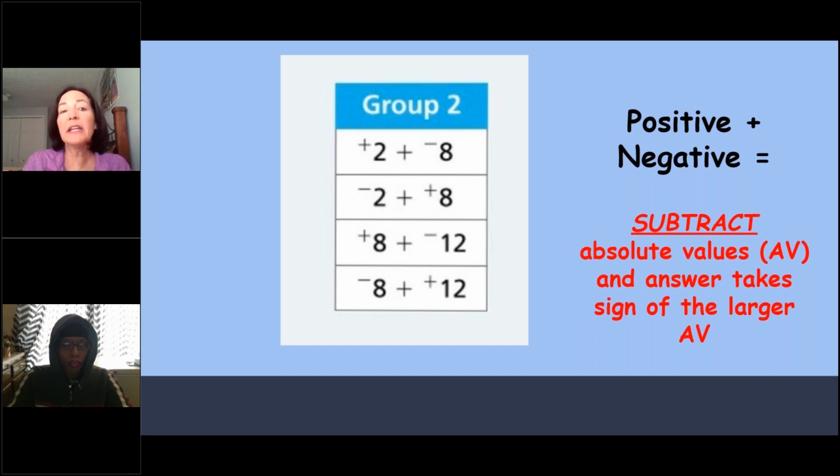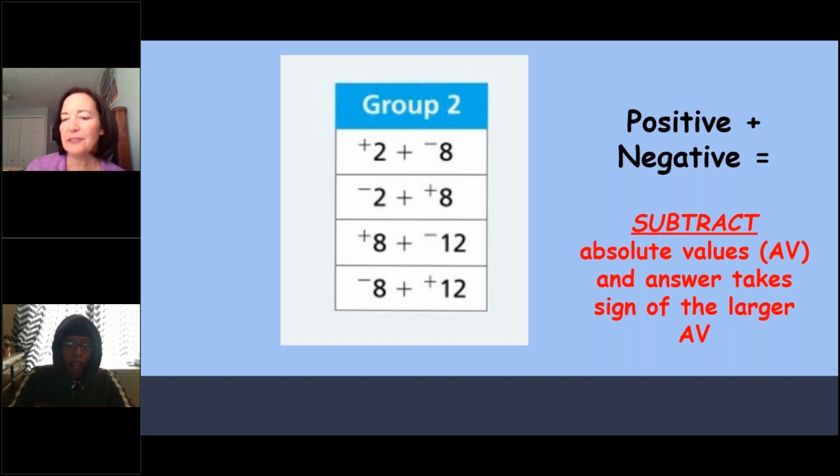So we said at the beginning of the lesson, absolute value means that we ignore the sign. If it's a -8, we just think about 8. And if it's a positive 2, we just think about 2. So Lana, what's the difference, or what's the distance between 8 and 2? 8 minus 2 would be 6. Nice.